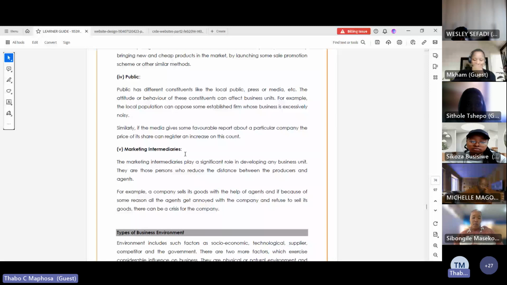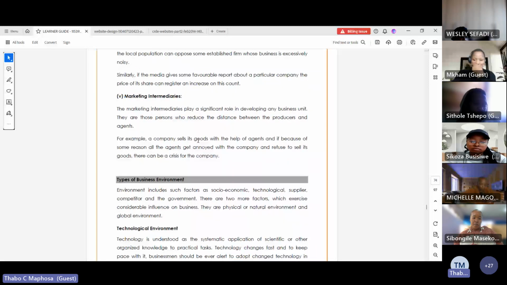And then marketing intermediaries, they also play a role in developing any business unit. There are those persons who reduce the distance between the producers and the agents, e.g. a company sells its goods with the help of an agent, and if for some reason all agents get annoyed with the company and refuse to sell its goods, there might be a crisis in the company, of which you get that a lot.